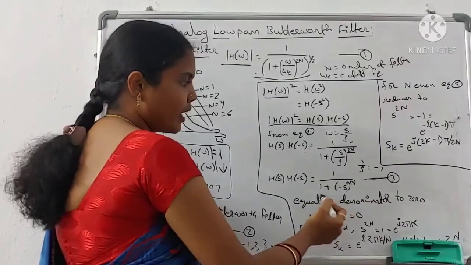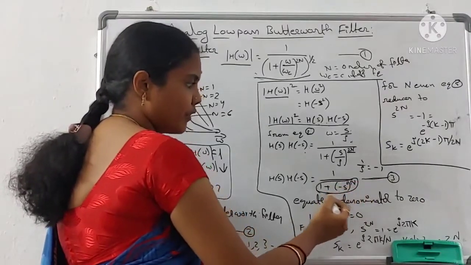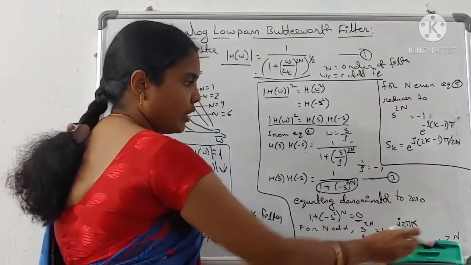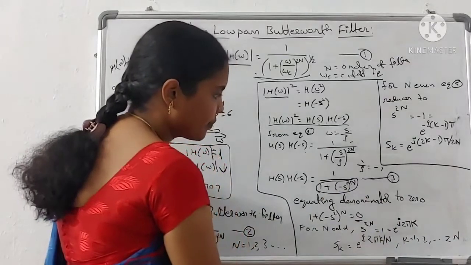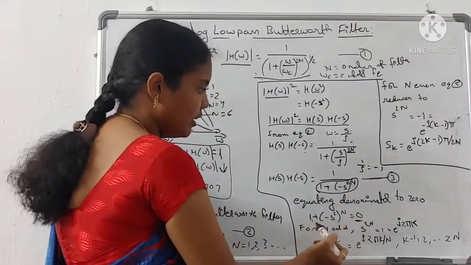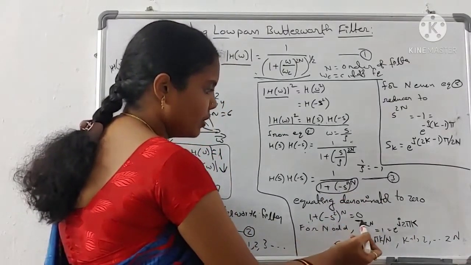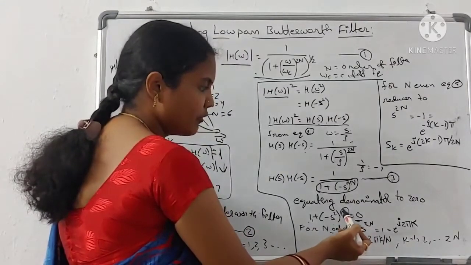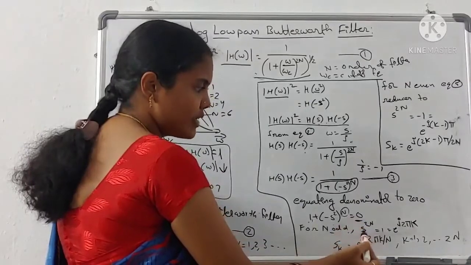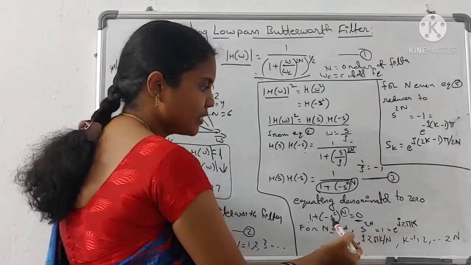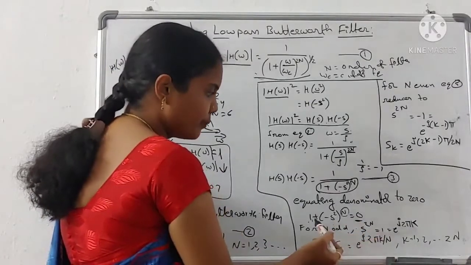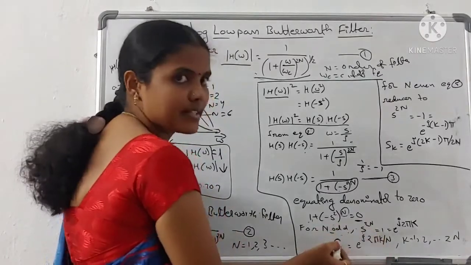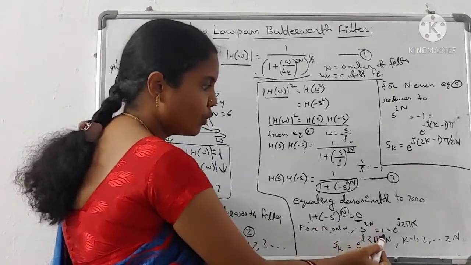Now equating the denominator of this equation to 0. For example, n is odd. If you consider n equal to 1, then s power 2n is equal to minus 1 times minus 1, the signs cancel, and s power 2n is equal to 1.